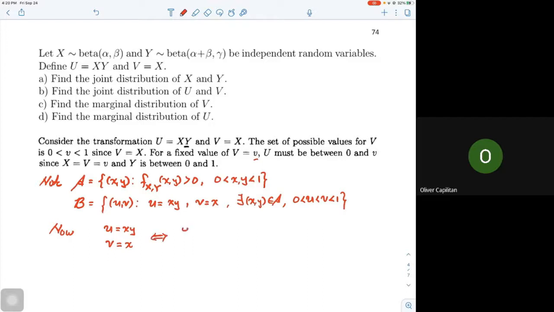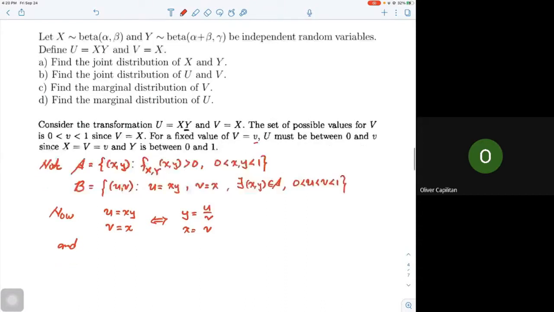We're going to determine the inverse. So x is equal to v, and y is equal to u over x, so u over v. And then we can now compute the partial derivatives. The partial derivative of x with respect to u is clear from here, equal to 0.